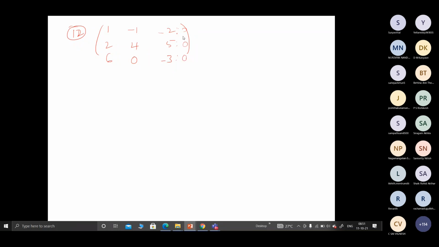Fine. So this is perfectly all right. Now, what operations do we have to do? With the help of this, we have to make this 0, this 0. So R2 is R2 minus 2R1, R3 is R3 minus 6R1. So what is that? 1, minus 1, minus 2.